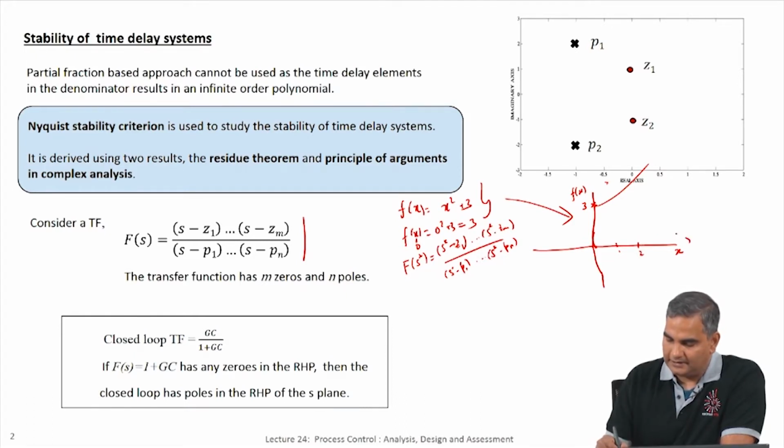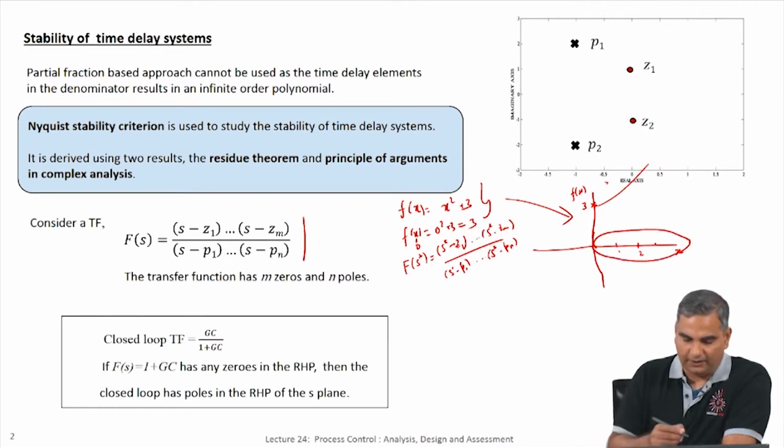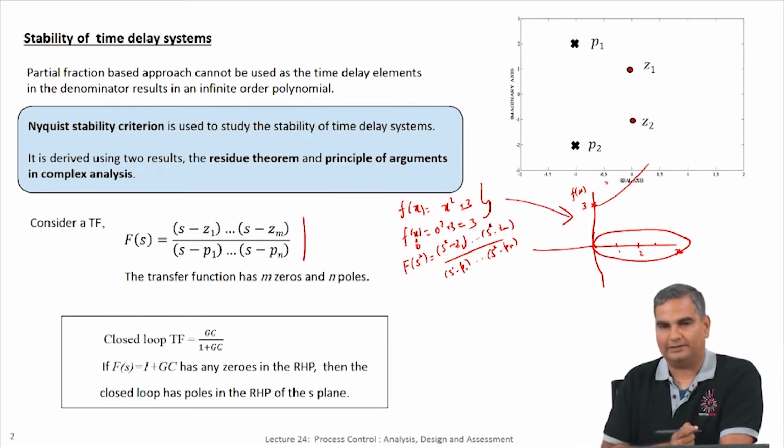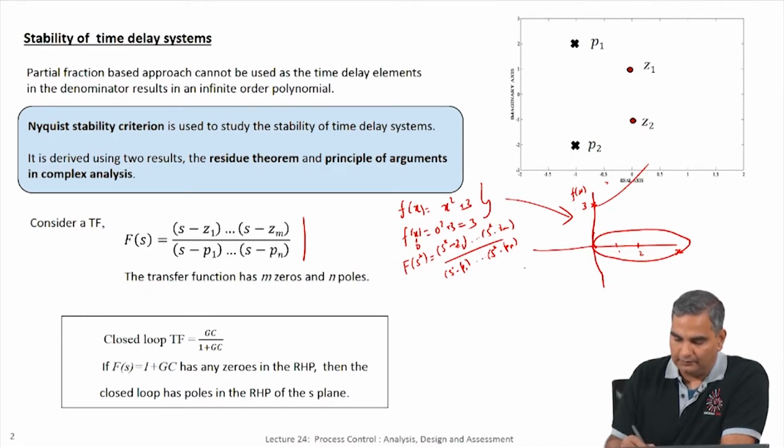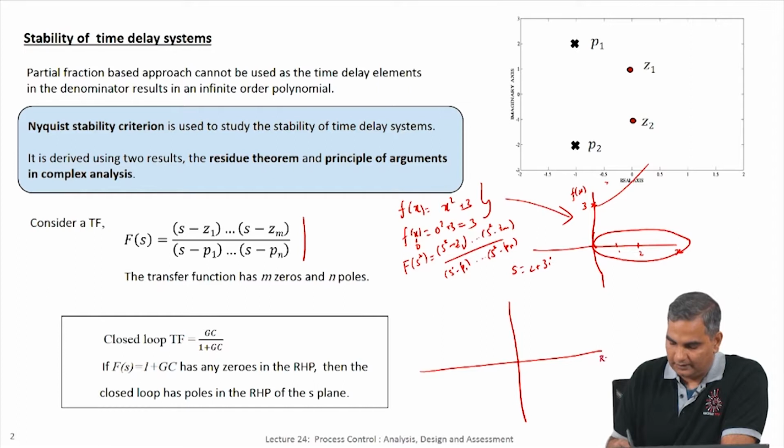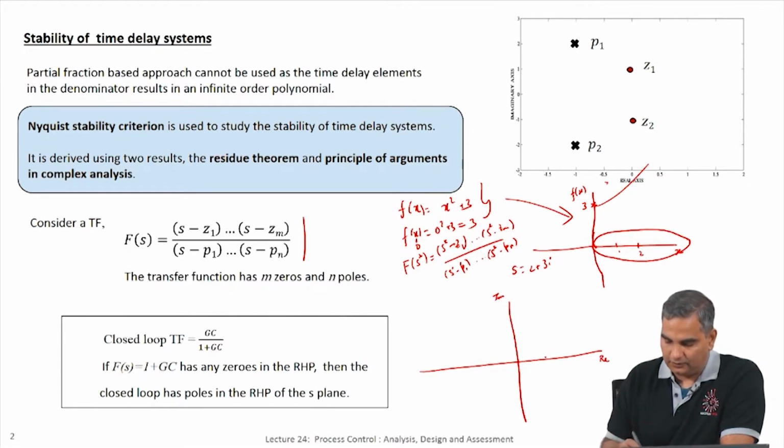So, when x becomes s, it needs two axes to represent the variable. If I told you s equal to, let us say, 2 plus 3i, then to represent this s itself I need two axes. This is the real axis and this is the imaginary axis, and this says real part is 2, imaginary part is 3. So, this will be 2 plus 3i.